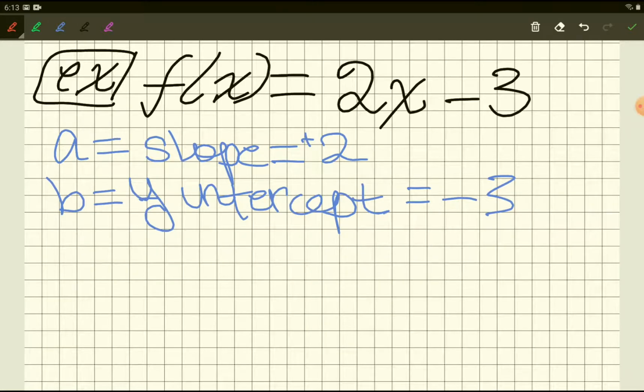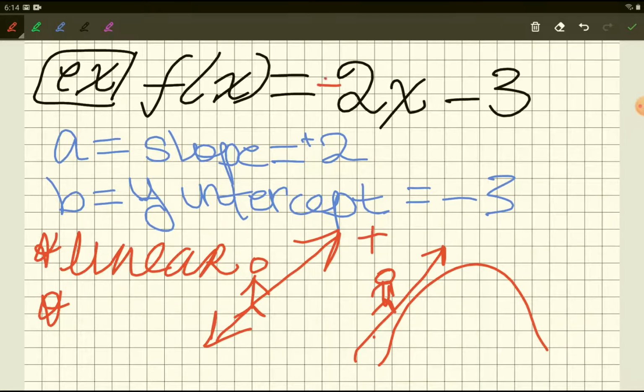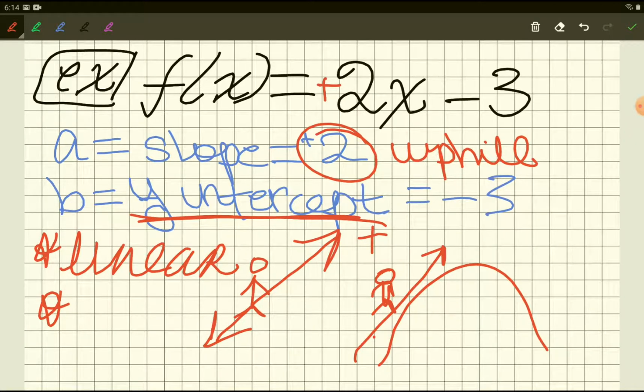It has a slope of positive 2, so it's going in an uphill direction. Imagine a guy going uphill. That's how you can tell if the slope is positive or negative. If the slope is positive, it's going uphill, increasing. The y-intercept just tells you where it hits the y-axis.